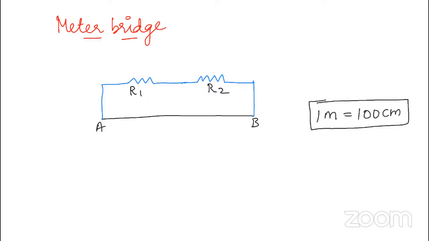Okay, right. Suppose there is an unknown resistance, how will you calculate the balanced one? Here we can attach one galvanometer.